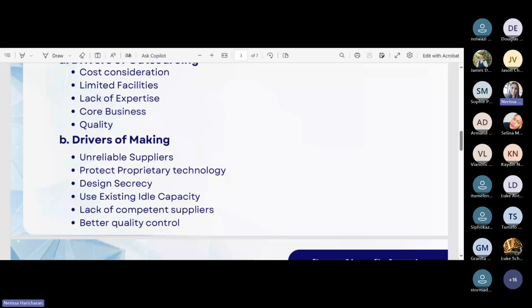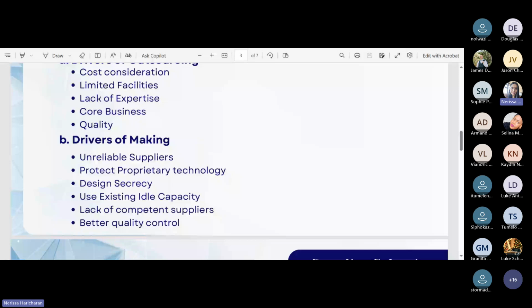So instead of having to share that proprietary technology with a supplier, they choose to protect it themselves so that the supplier doesn't start supplying the same product to various different organizations. So trying to protect it can help with making it yourself.